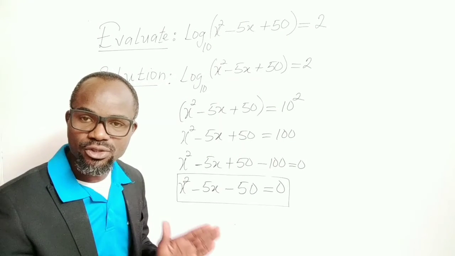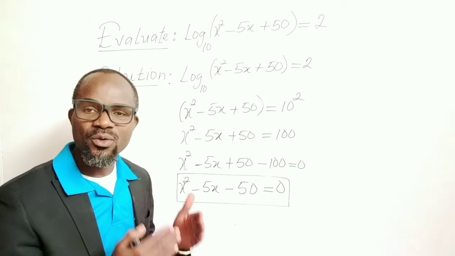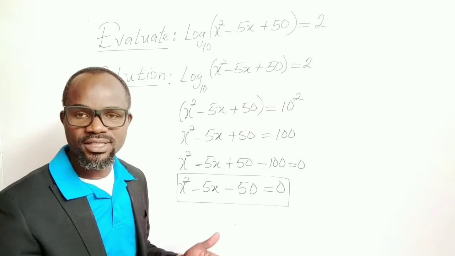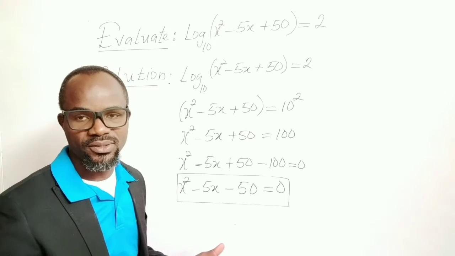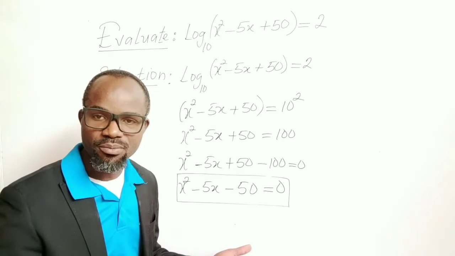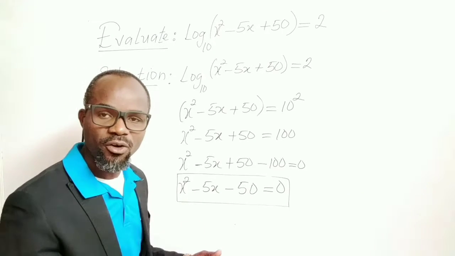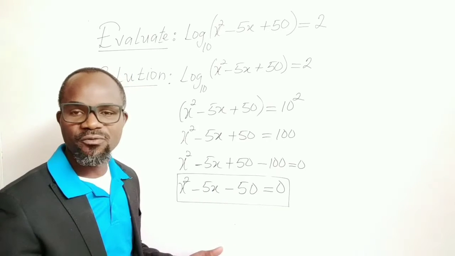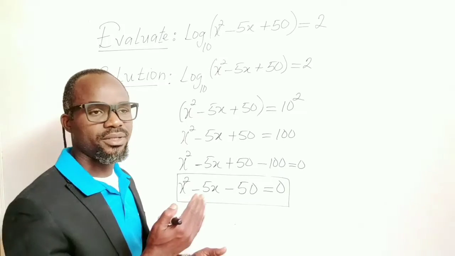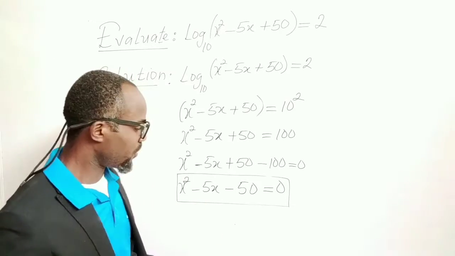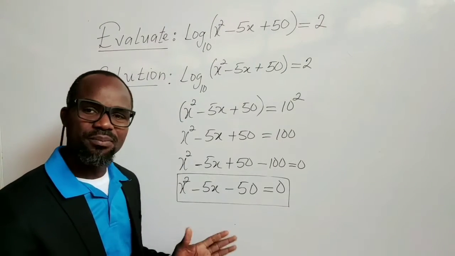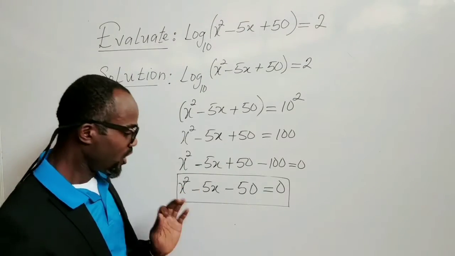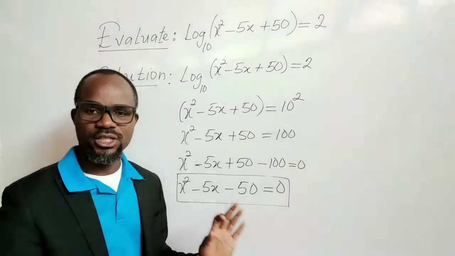The next thing we need to do is to apply any of the 4 methods of solving quadratic equations, such as the factorization method, the formula method, the completing the square method, and finally the graphical method. But the simplest one we are going to adopt here is the factorization method.